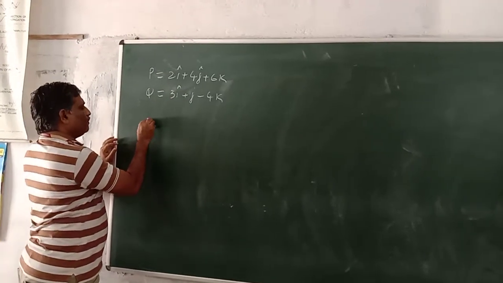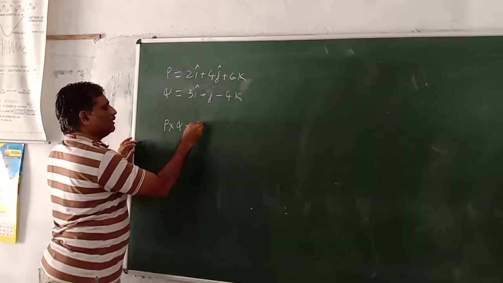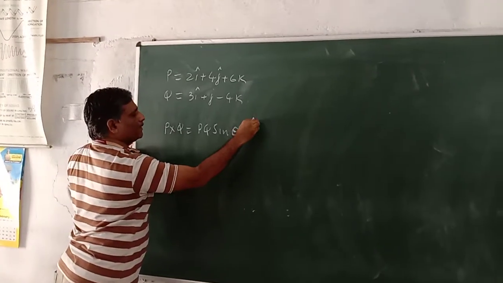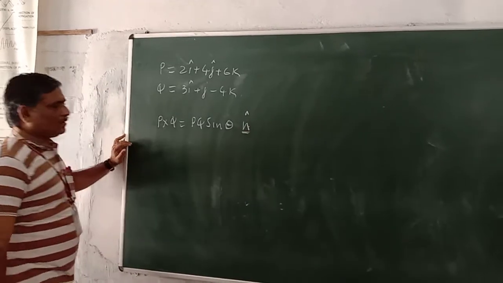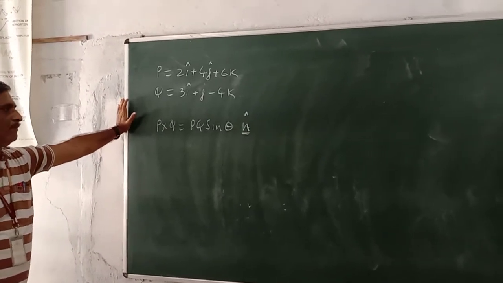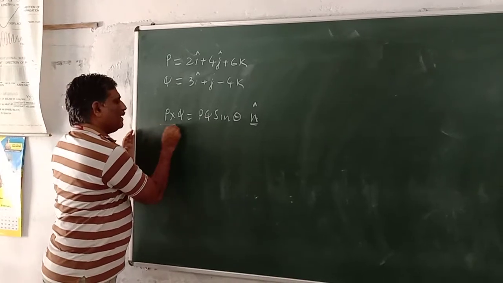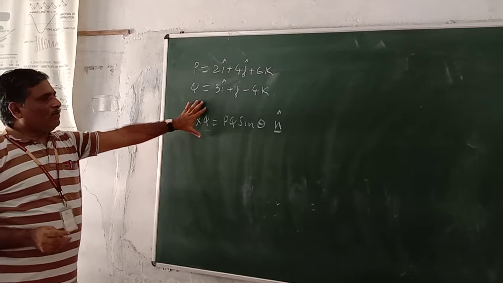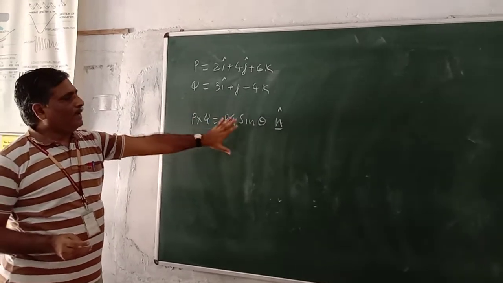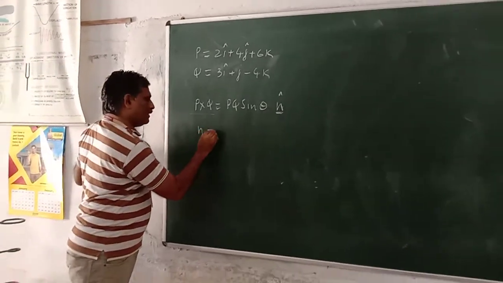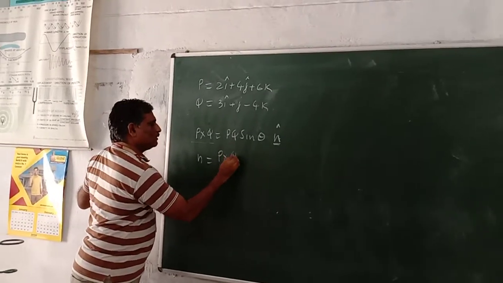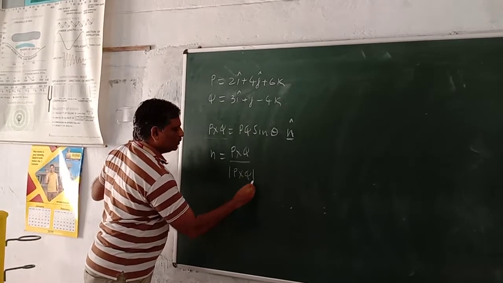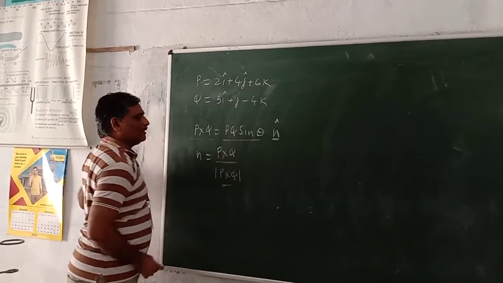What is the meaning? P cross Q, we know the definition. PQ sine theta n cap. This is unit vector perpendicular to both. So if we find out P cross Q and then divide by its magnitude, n cap is equal to P cross Q over magnitude of P cross Q. This is nothing but a magnitude.